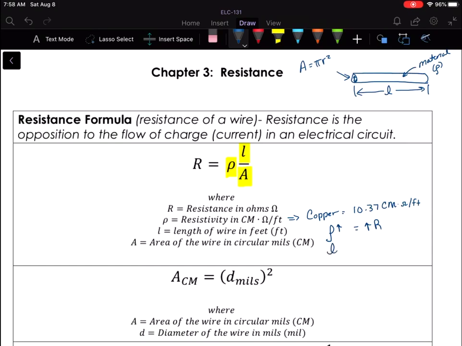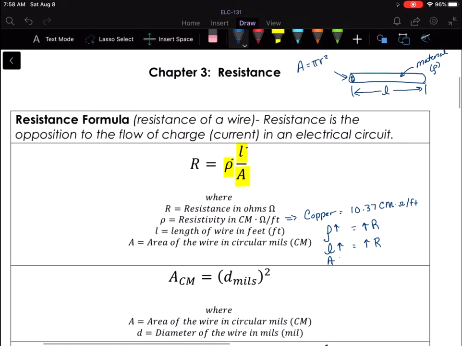If the length of the wire increases, we're again increasing the resistance, because the resistivity and the length are basically in the numerator of our fraction. However, if we increase the area, we're actually decreasing the resistance of the wire, and that kind of makes sense if you look at it like it's a pipe. If we make the pipe bigger, we can force the water through at a greater rate.